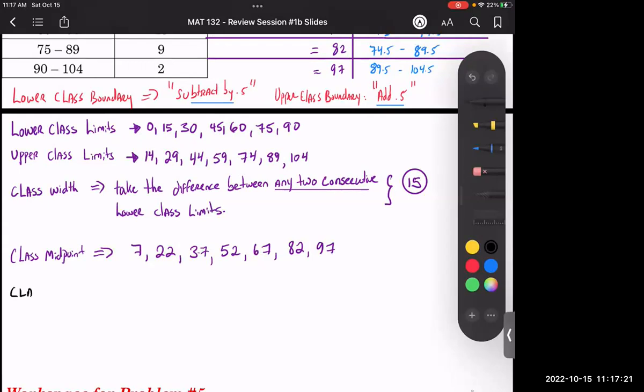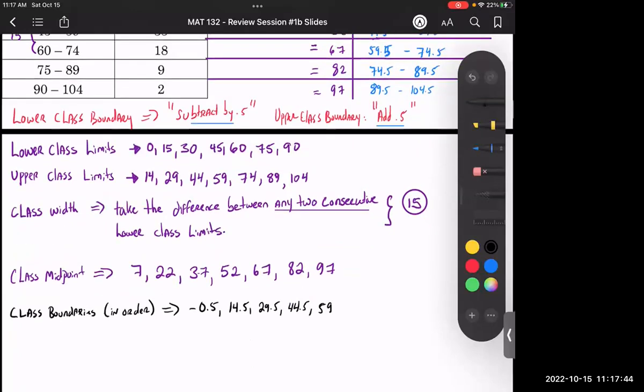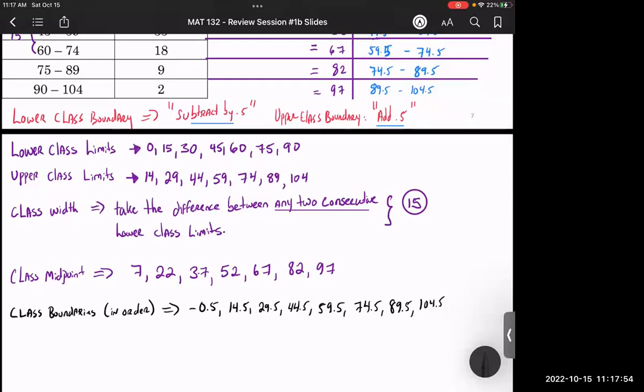Class boundaries, and I'm not saying lower class or upper class, this is just general, in order would be negative 0.5, 14.5, 29.5, 44.5, sorry, 59.5, 74.5, 89.5, and then lastly 104.5. Okay, so those are the class boundaries.